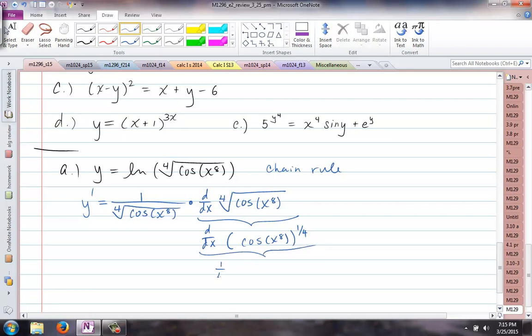I drop down the 1/4, write down the inner stuff. Again, I'm not really caring what it is, it's a function of x. And then what is the new power? -3/4. So I'm just taking 1/4 minus 1. And now the chain, to finish that out, I have to take the derivative of the inner function, which now is cosine of x to the 8th power.